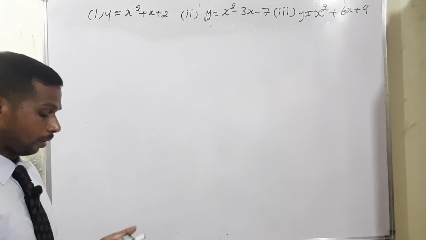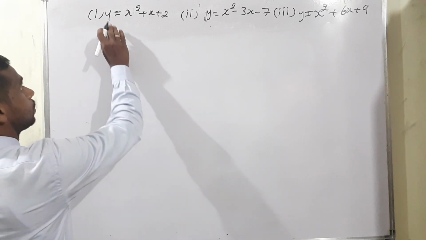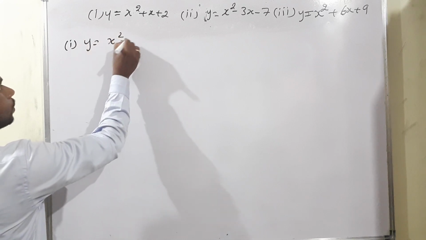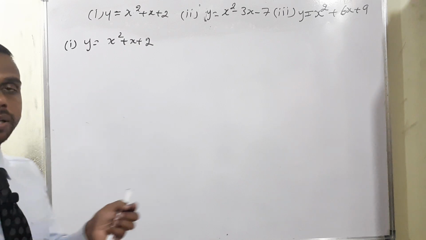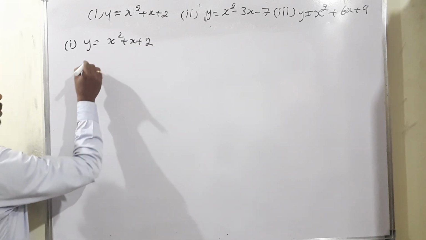Okay. So, one by one we can apply. Given 3 subdivisions. So, first one, subdivision 1, y is equal to x square plus x plus 2. Already we know this is a function; to convert to an equation, what we have to do? Put y is equal to 0.